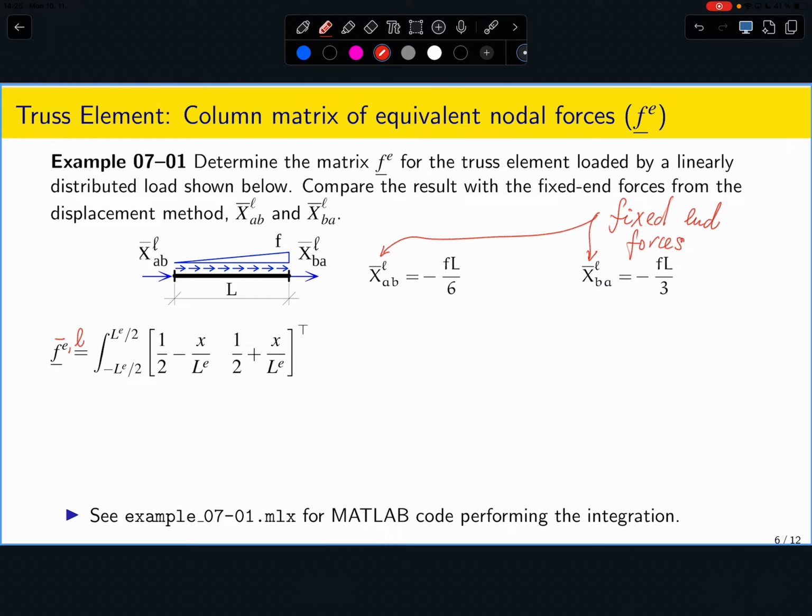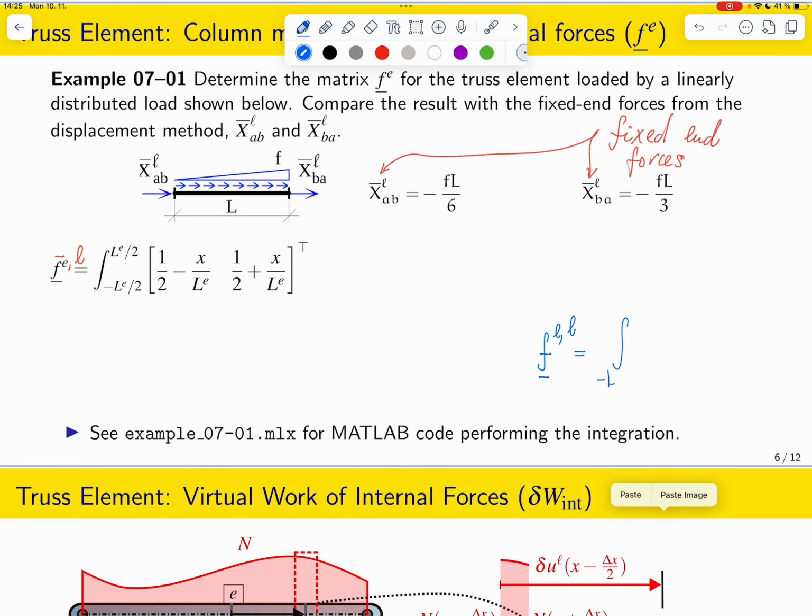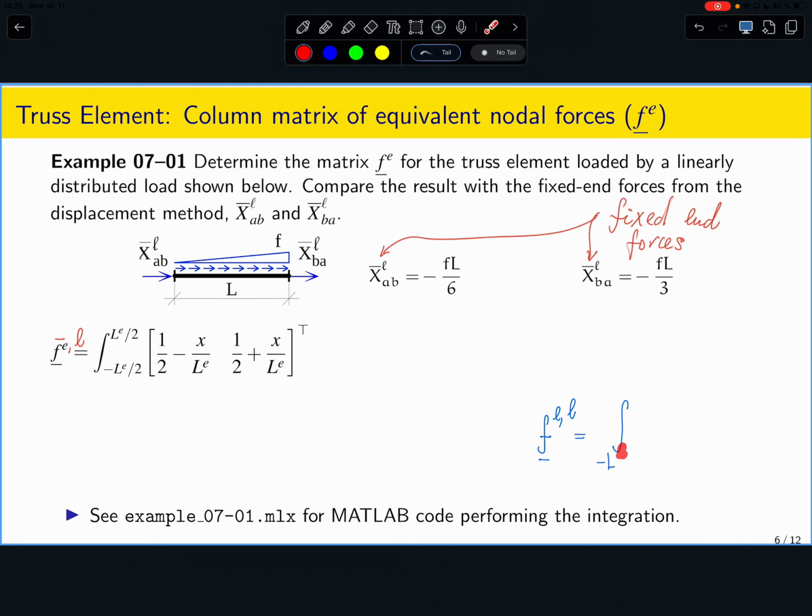Okay, so now let's derive this quantity in here, which is given as I have derived on the previous slide as the integral from minus length of my element over 2 to the length of the element over 2.